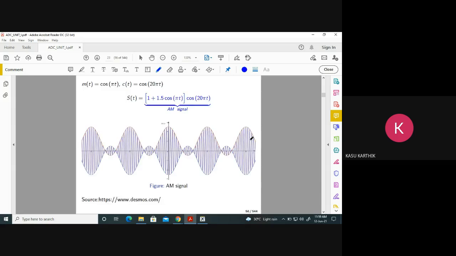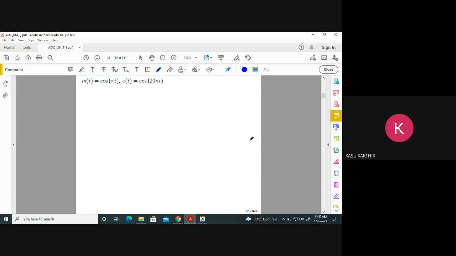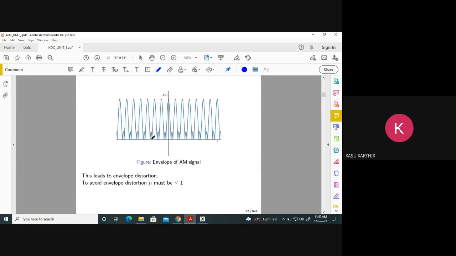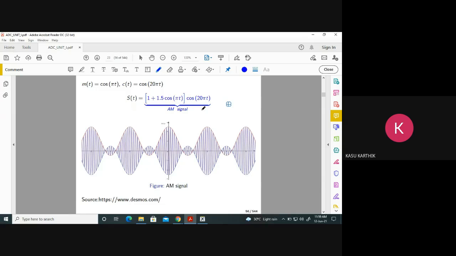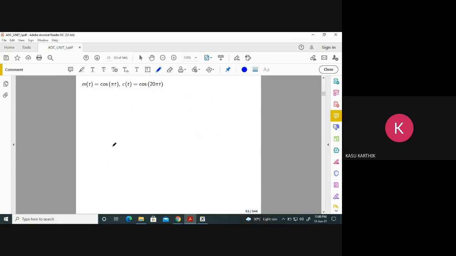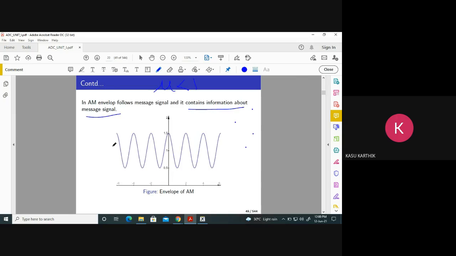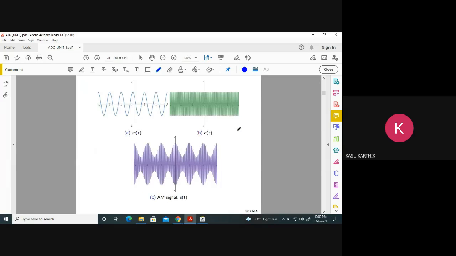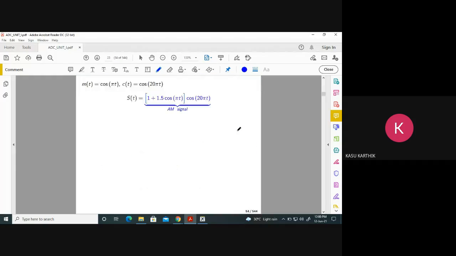In the third case, the amplitude was just touching the 0. Correct? Here it was like this, just touching the 0. But in this case, it is going negative. In the case 1, it was always above the 0 axis. Okay. So when mu is more than 1, the amplitude goes negative.